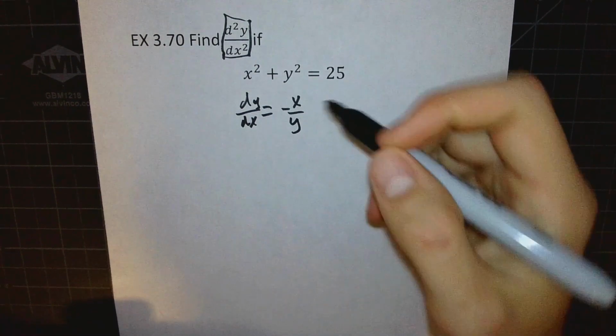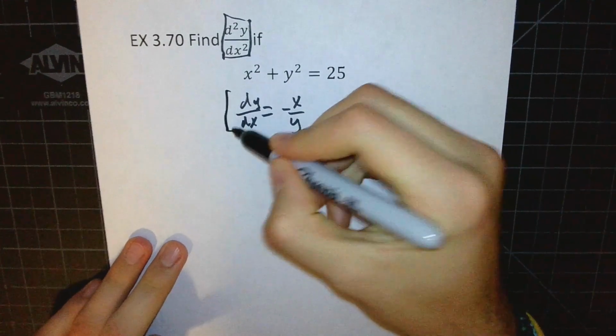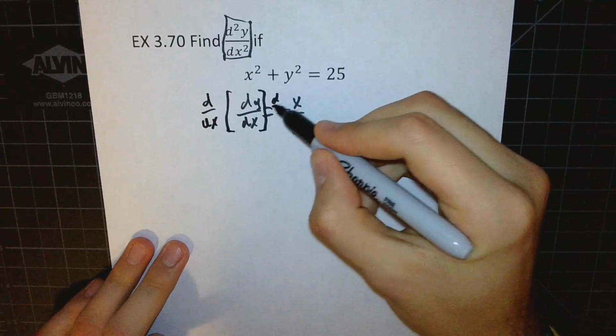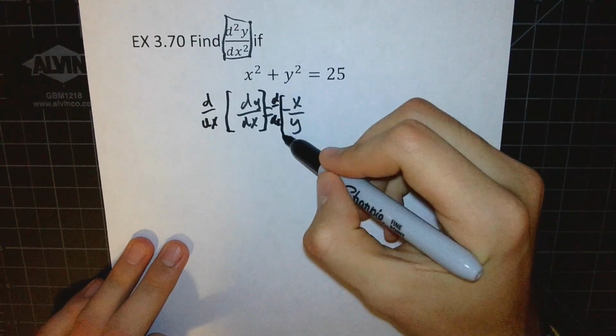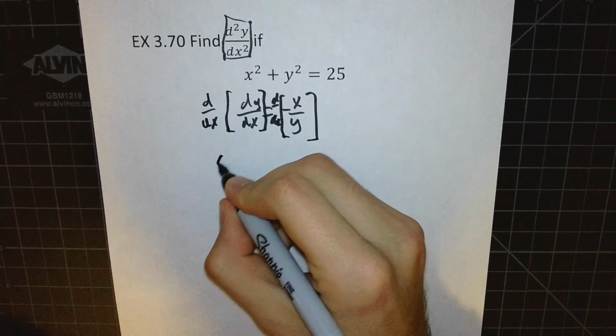So we're going to implicitly differentiate this again. So if we take the derivative of both sides, I'll draw my brackets. This will just end up being the second derivative.